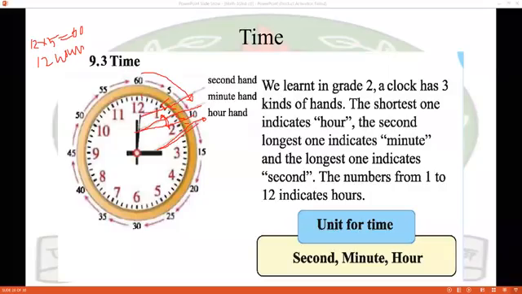The numbers from 1 to 12 indicate the hours, and the small partitions between the hours indicate the minutes. There are 60 minutes, also indicated by the seconds. This is 60 seconds, 60 minutes, and 12 hours in the clock. So from here we see that the units of time are second, minute, and hour.